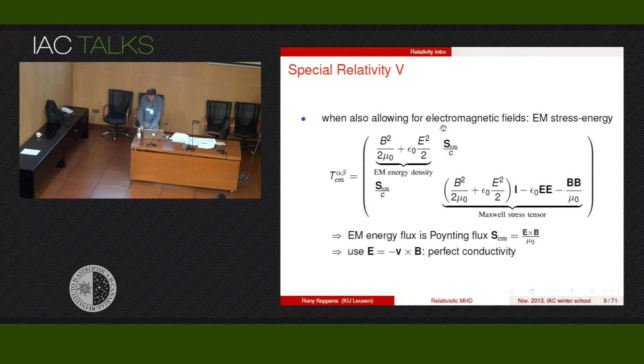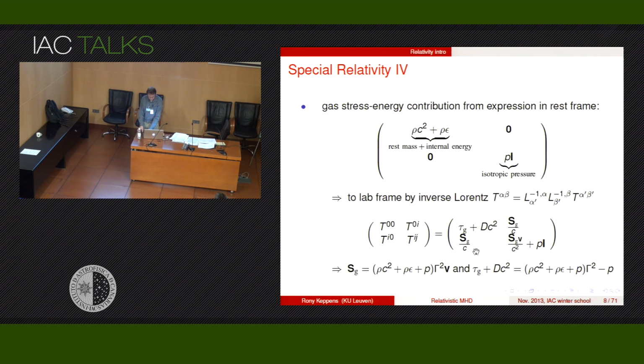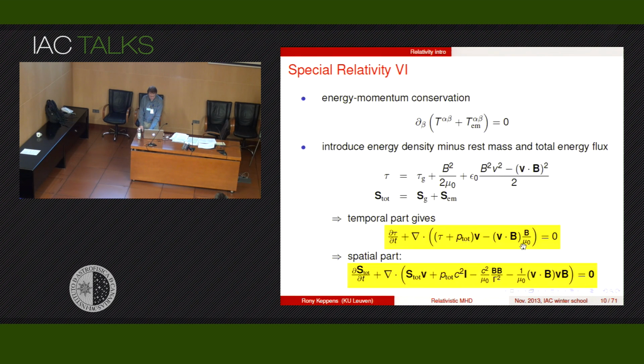I now add this electromagnetic part with this part for the gas/plasma, and I take the divergence of that tensor, and then I write down what my temporal part and what my spatial part gives.